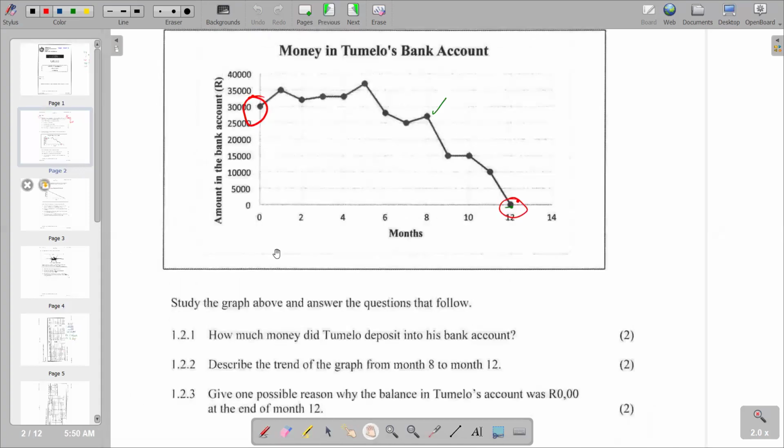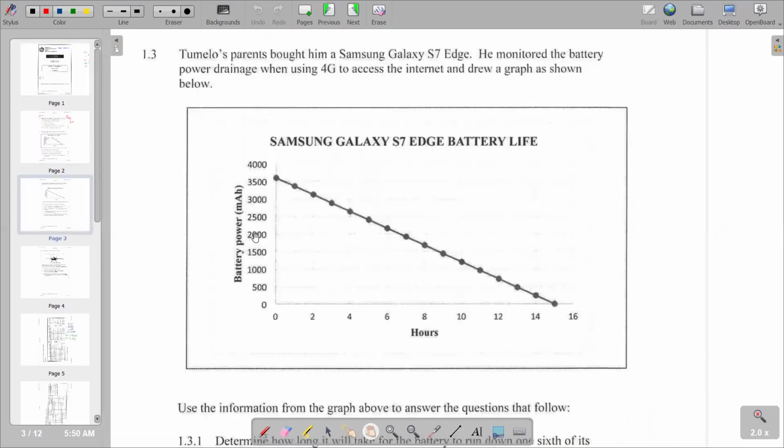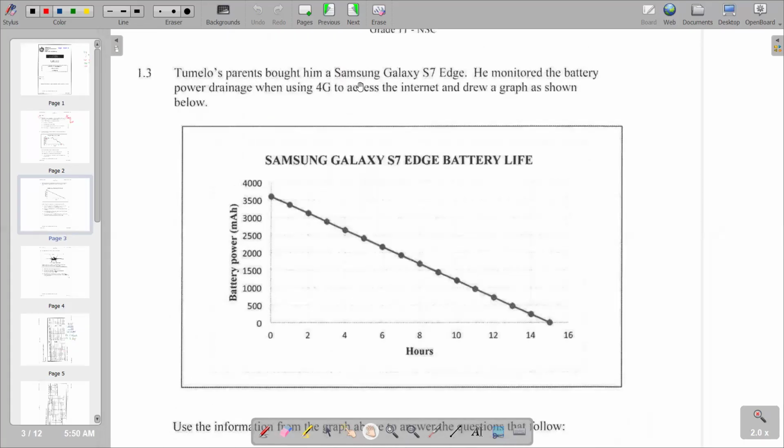Then we refer to the next part, where we are given 1.3, and it reads: Tumelo's parent bought a Samsung Galaxy S7 Edge. He monitored the battery power drainage when using 4G to access the internet and drew a graph as shown below. So we are given the Samsung Galaxy S7 Edge battery life.